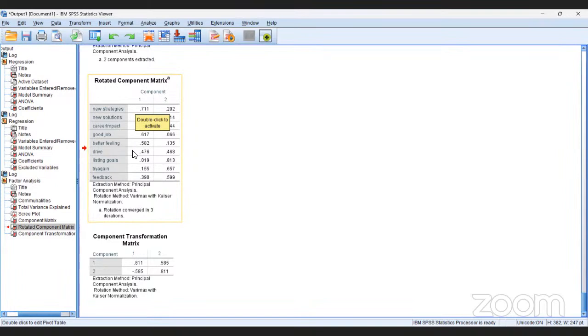Next is the drive. Good job. Have you written? Sir, better feeling. Next is the drive. And drive. Okay. And the second factor includes listing goal, try again, and feedback.